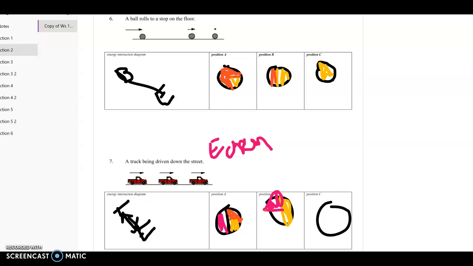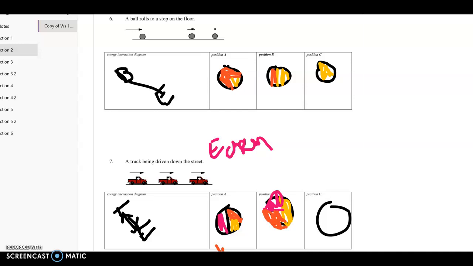So the velocity is not changing, and neither is the mass, and neither is the gravity. So I'm going to let the kinetic stay the same, the chem decreases, and the thermal increases.